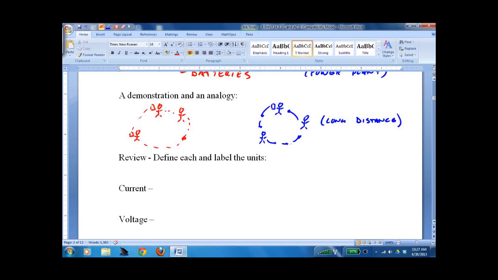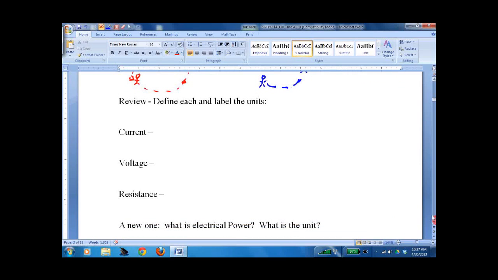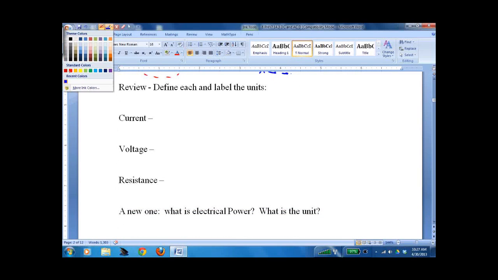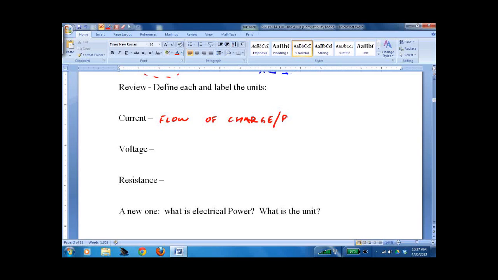So, brief review. Current is the flow of charge. Sometimes we say it's the flow of power. It's measured in amps. Voltage is electric pressure. It's measured in volts.